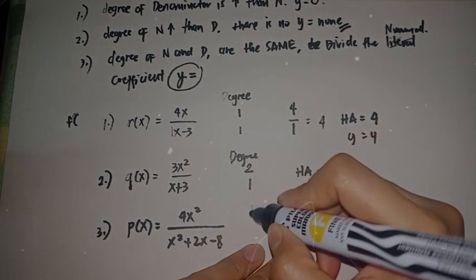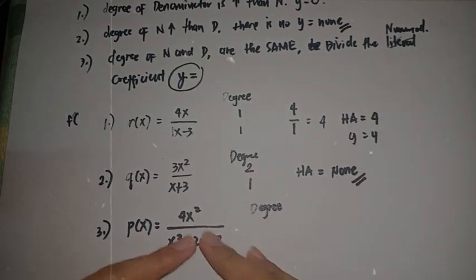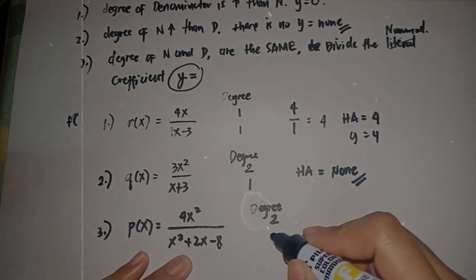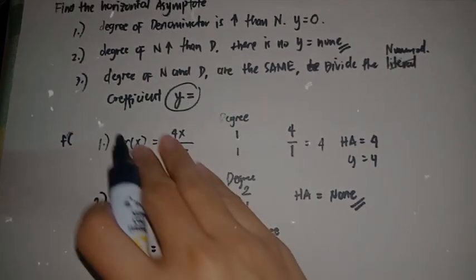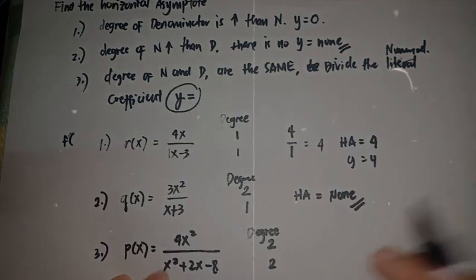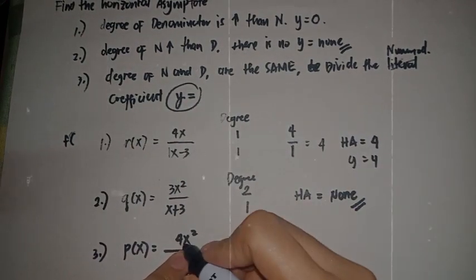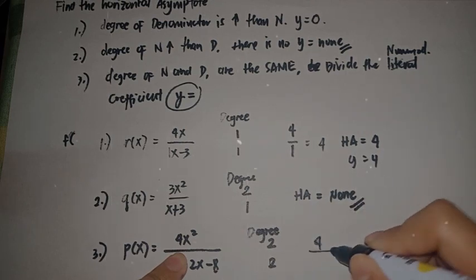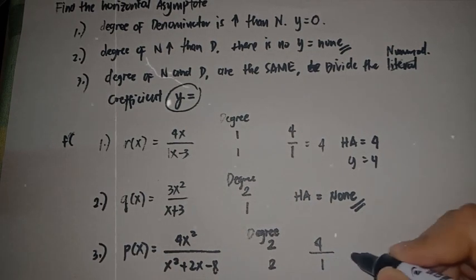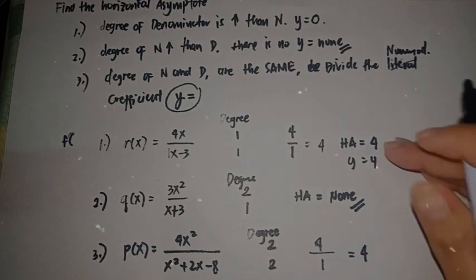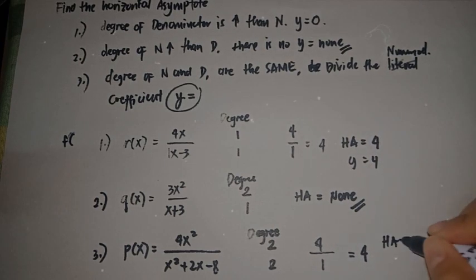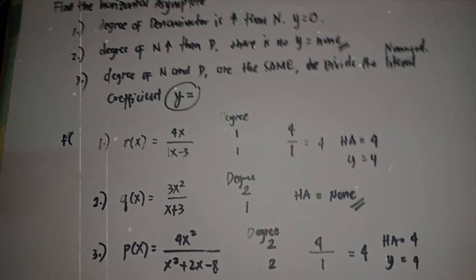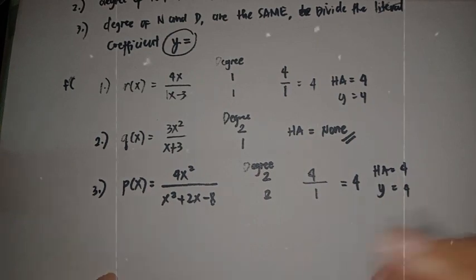The degree of our numerator is 2. The denominator is also 2. So it falls on category number 3. That means we will divide the leading coefficients. We have 4 divided by 1. So it's just the same. That's just a coincidence. So our horizontal asymptote is equal to 4.